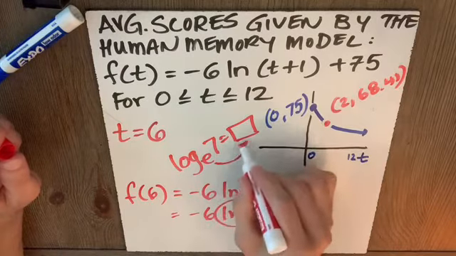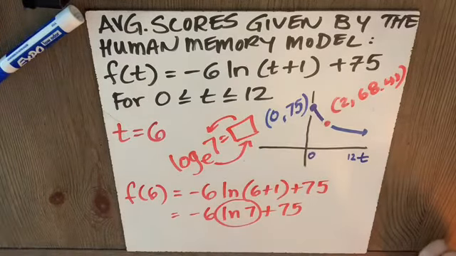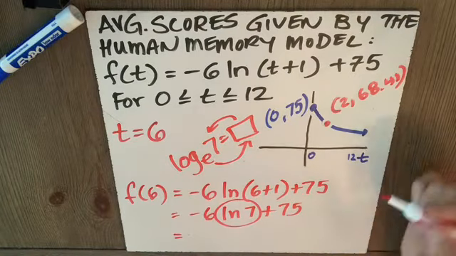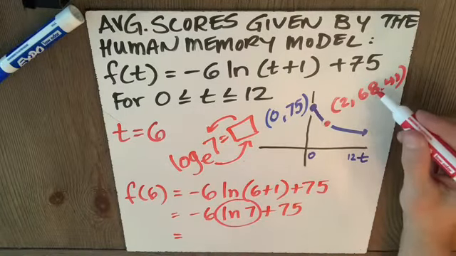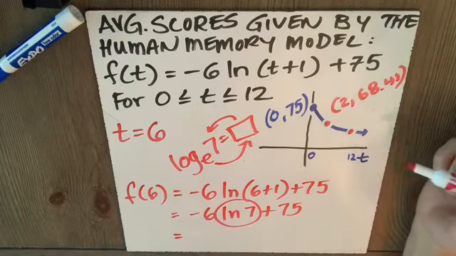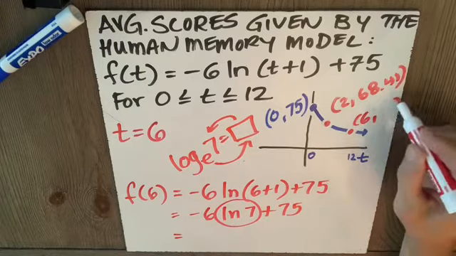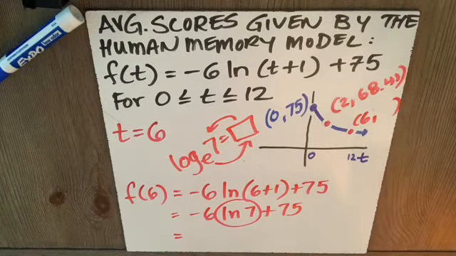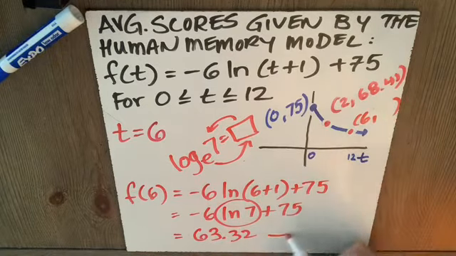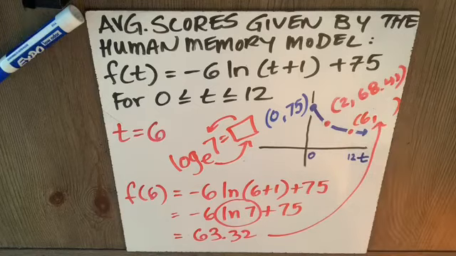And we're asking e, 2.71828, to what power gives us 7? I don't know that offhand, so I'll have to resort to my calculator. I am expecting that the students will retain less than 68% of the material because my model shows that it's going down, down, down. And when I crunch the numbers, I get 63.32. So you can see we get what we expected.